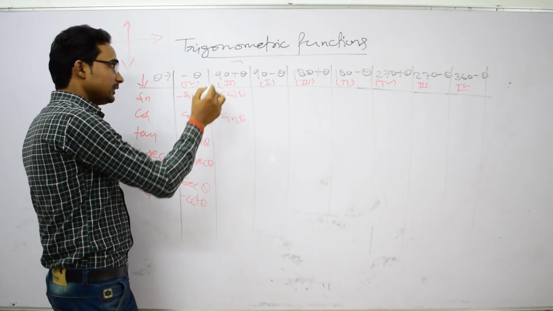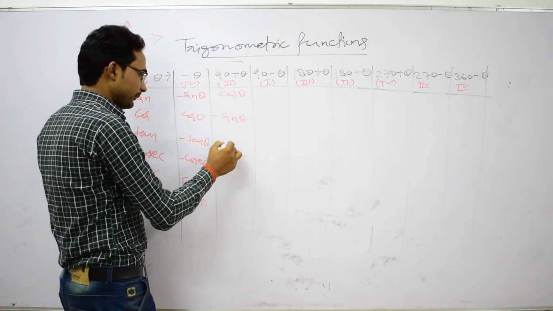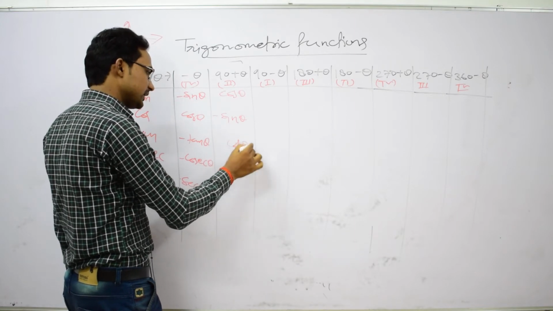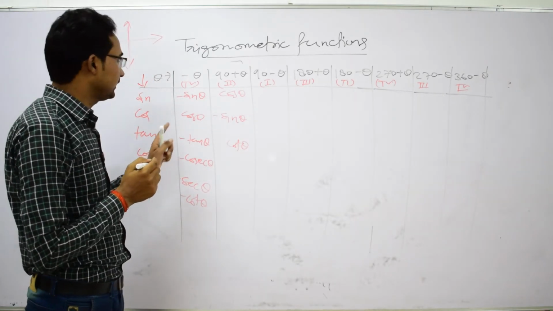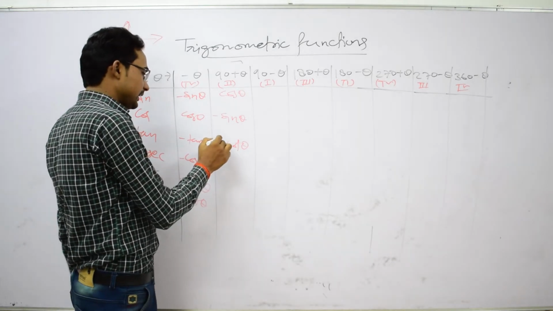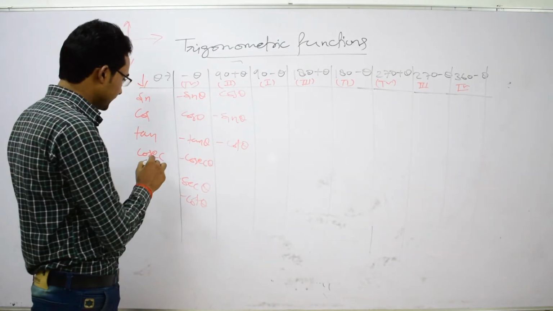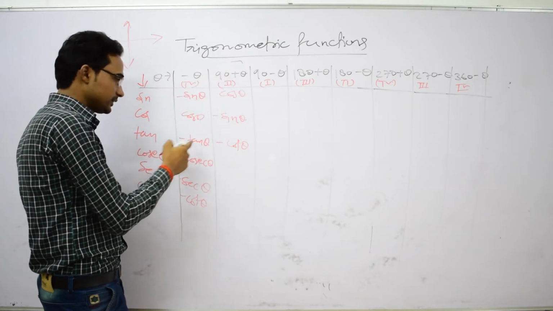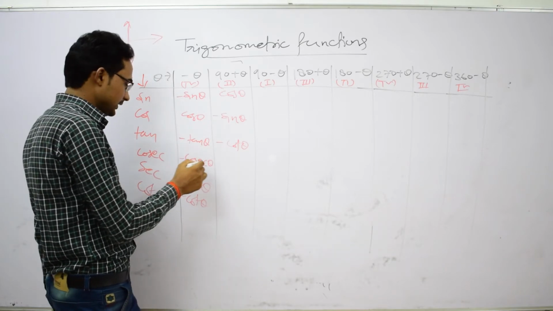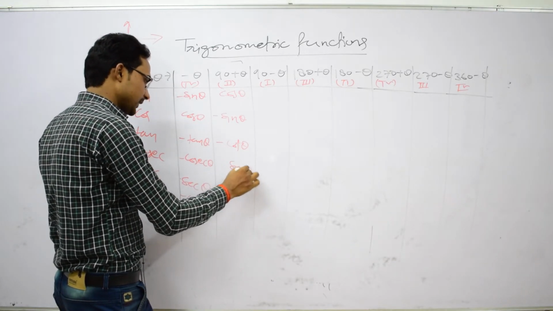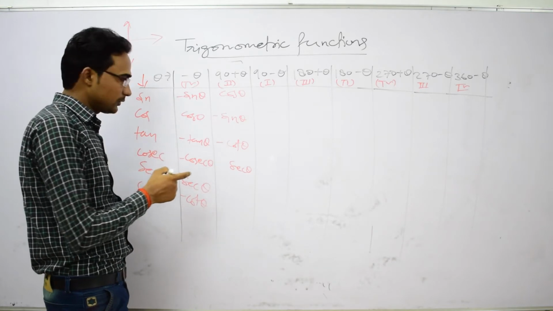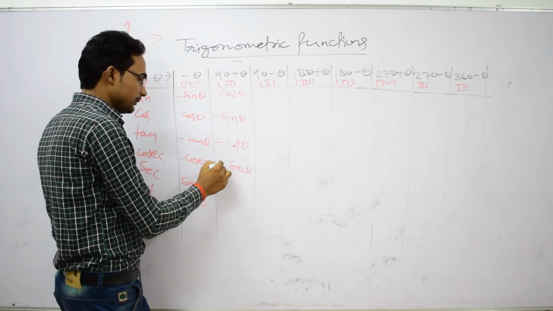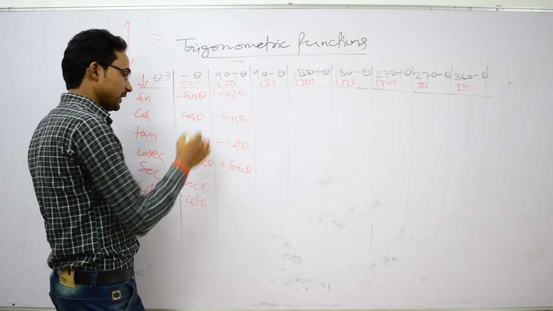Now tan 90 plus theta, so tan will be in cot form, cot theta firstly write down, and in the second quadrant tan is negative, so minus cot theta. Cosec 90 plus theta, that means cosec will be in sec form. 90 plus theta is the second quadrant, and in the second quadrant cosec is positive, so that is why there is a positive sign.